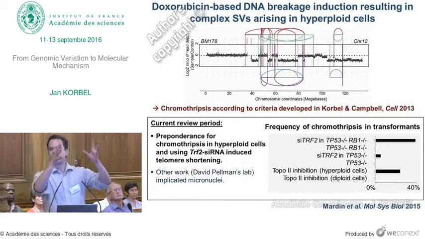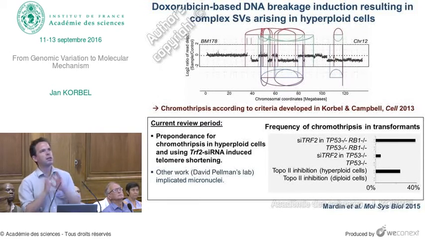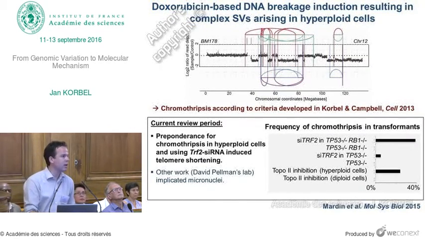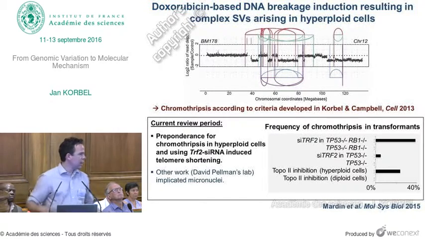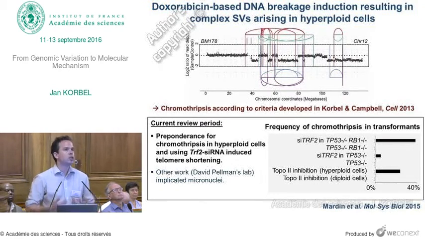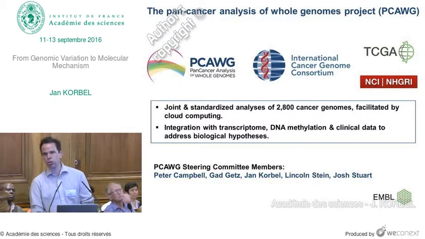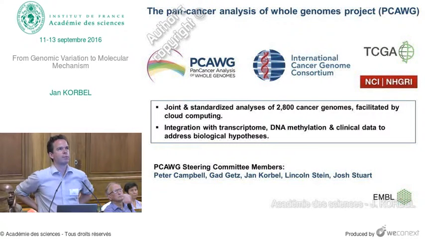And to get there, to understand chromothripsis better, as we are a laboratory that also uses computational approaches, we're very keen on taking advantage of the large number of cancer genomes that have recently been generated in the context of the International Cancer Genome Consortium and in the context of the American component of it known as the TCGA.